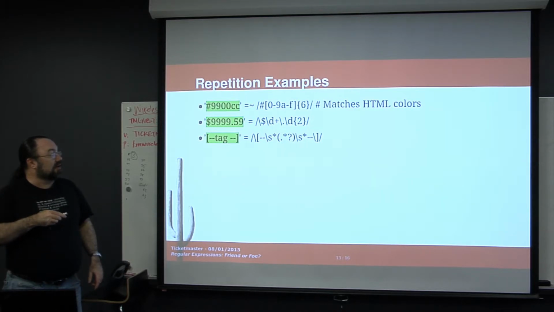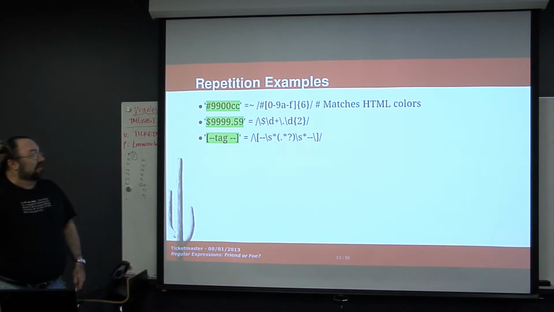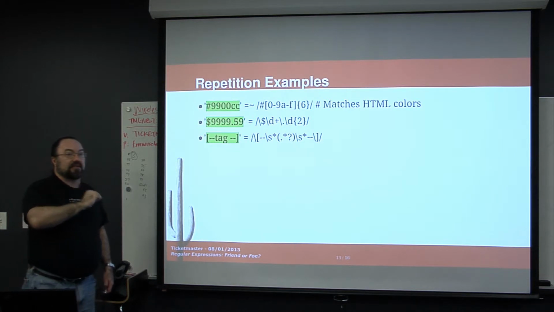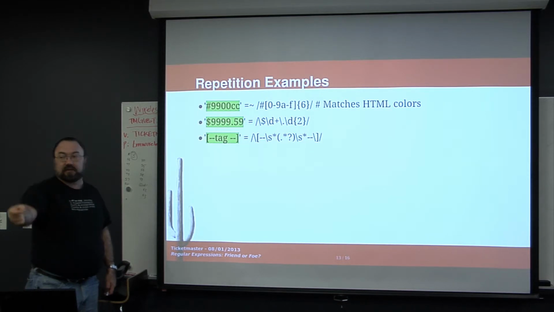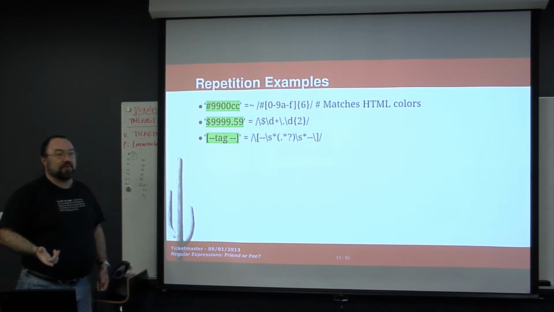The question mark says, don't grab everything in the world, because dot star by itself is called greedy, and we'll get to these definitions in a little bit. That means it will just keep going and going until it hits a new line or the end of the string, because those are the only 2 things it doesn't match. And usually that's not what you want.